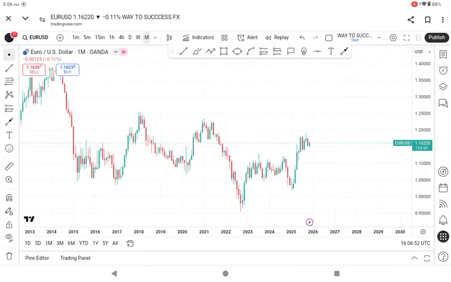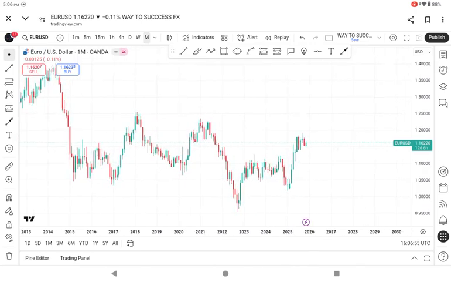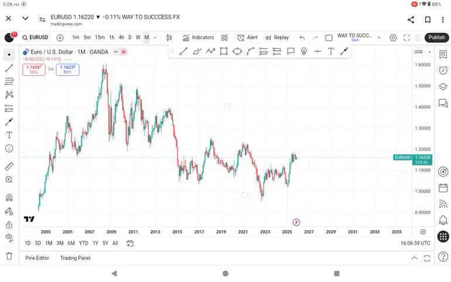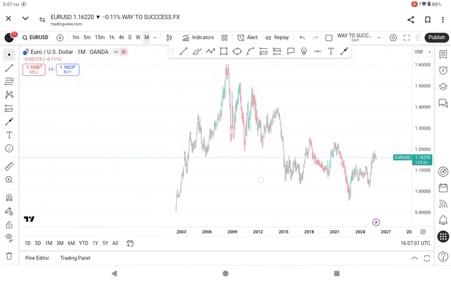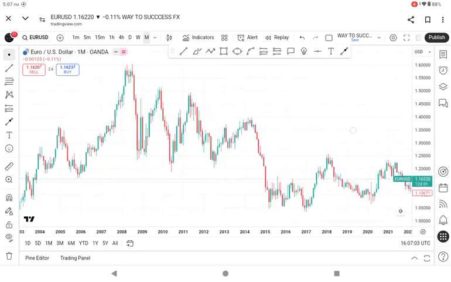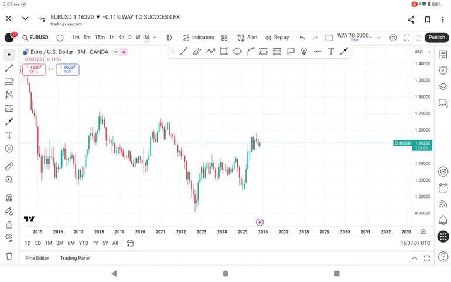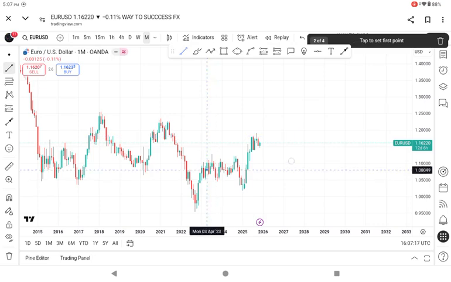So in monthly, what do we have? The monthly candle is strongly bullish. And if you look here, you can see that we already have a bullish structure going to the upside.